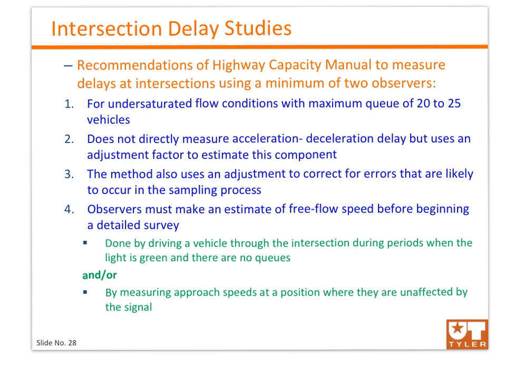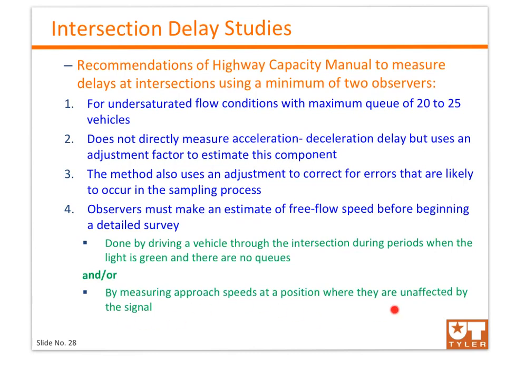Observers also must make an estimate of the free flow speed before beginning a detailed survey. And that free flow speed can be determined by driving a vehicle through the intersection during periods when the light is green and there are no queues, or by measuring approach speeds at a position where they are unaffected by the signal.